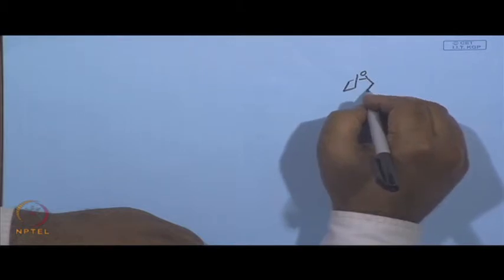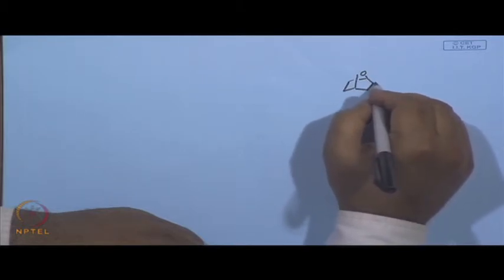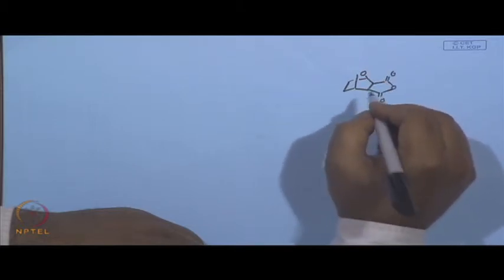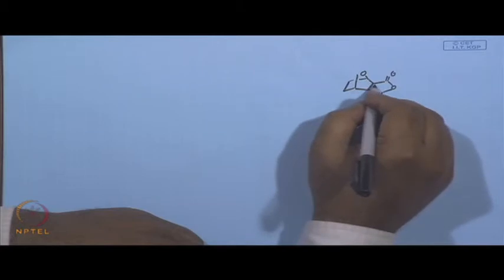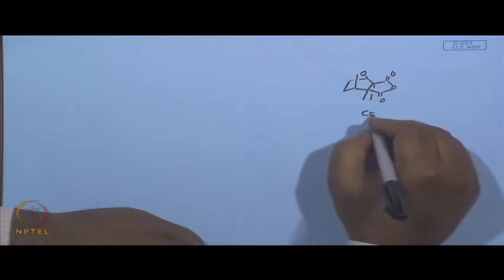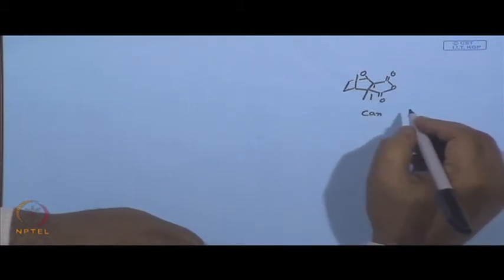The structure looks very simple, right? That is it. Then this is a natural product obtained from beetles. Okay. Beetles, I think all of you know what it is, right?